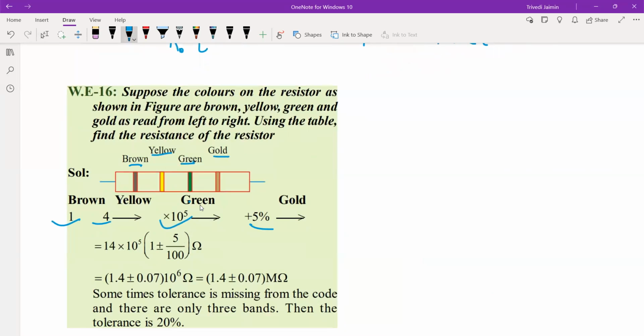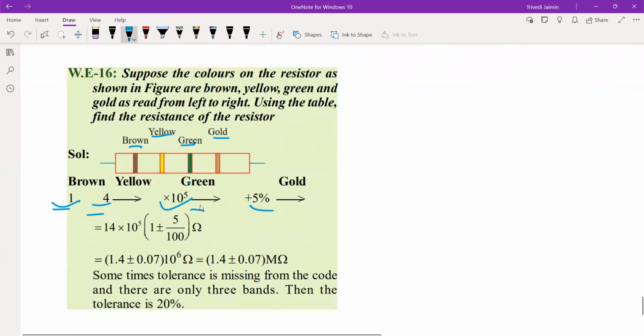That is the tolerance. So 14 times 10 to the power 5, tolerance 5%.